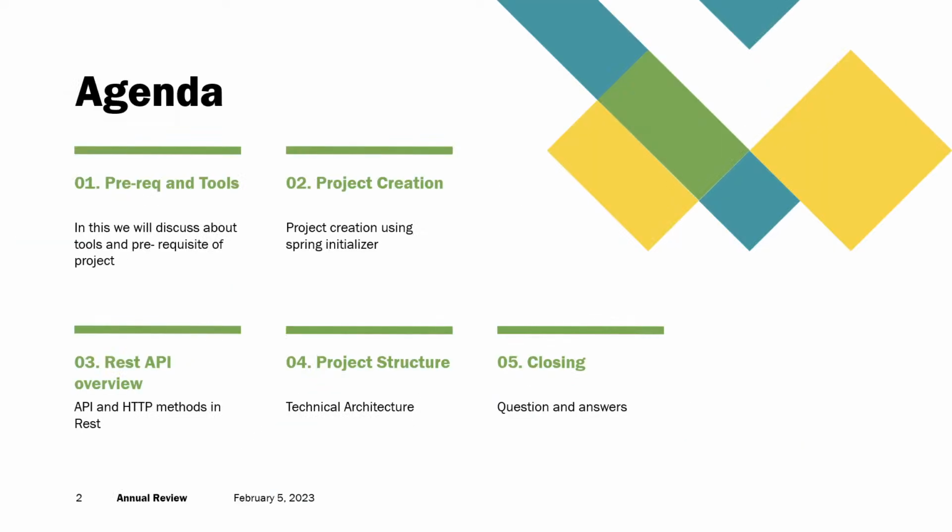Before starting, we'll see the agenda of today's session. We'll see the prerequisites of Spring Boot API development and what tools are required to install and start our project. Then we'll see project creation, how we can create a Spring Boot project in a variety of ways, using IDEs or the web Spring Initializer.